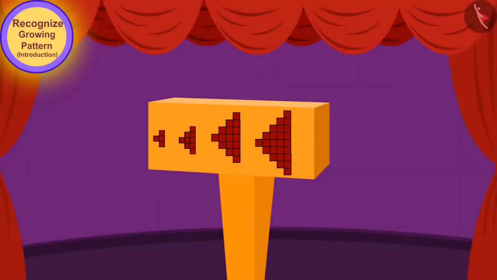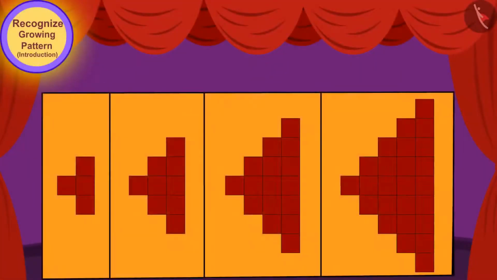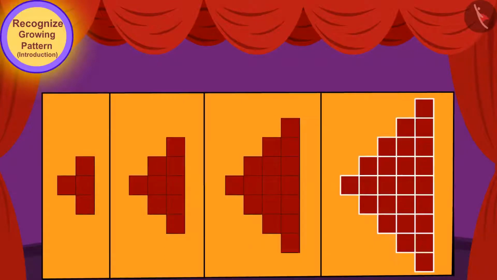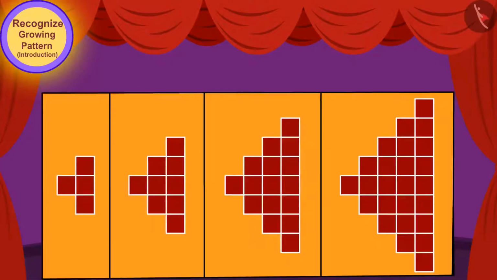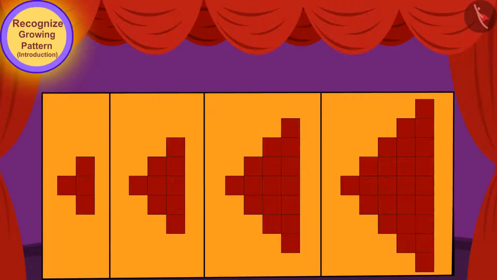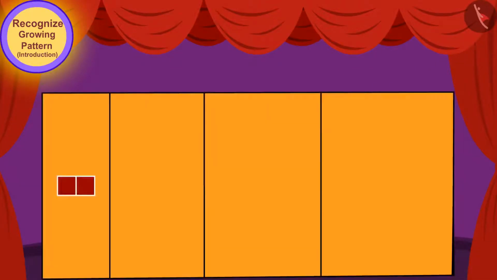Well done! Your answer is absolutely correct. In this growing pattern, the number of squares in each line is increasing by 2. As such, only 2 vertical lines were drawn first, and the second line has 2 squares more than the first line.